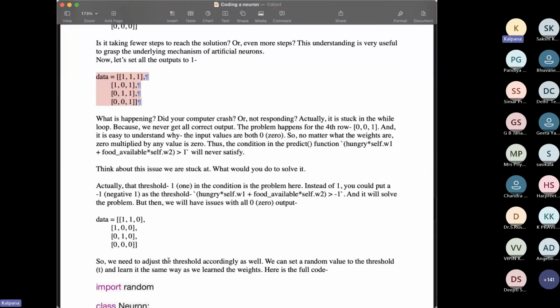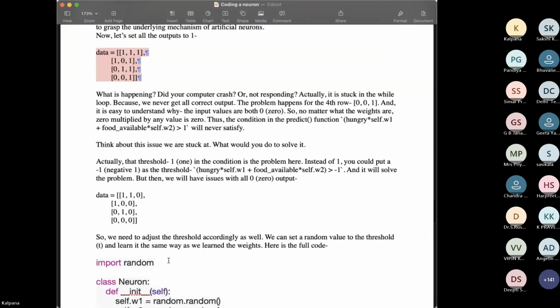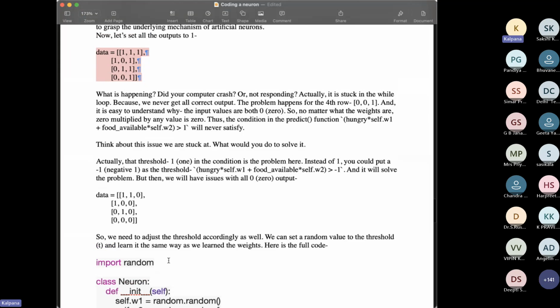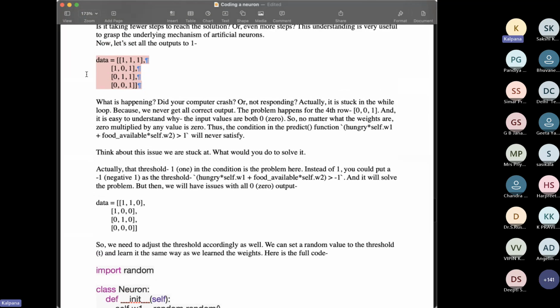Okay. So now we understand. Why do we continue to loop in this case? Because the threshold we are putting is 1. Instead of 1, if we put it as -1, probably things will be solved. That is, if this value is greater than -1, then it is okay.